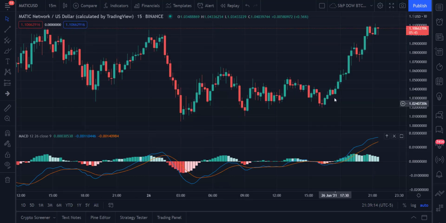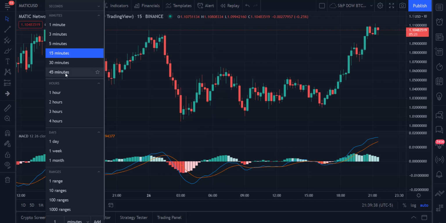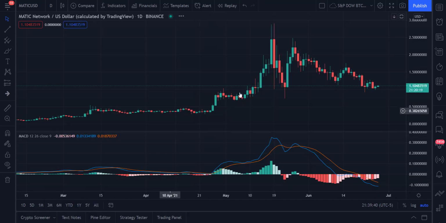And same here. That's a nice little pickup there if you had gotten in there for MATIC. The bullish crossover actually happened really early this morning, and it's just sort of trended higher, and it finally did have a solid cross of the zero line earlier this evening. So looking good so far, but overall, when I pull this all the way back out to the daily, this certainly just looks like a pullback in an otherwise bearish market.